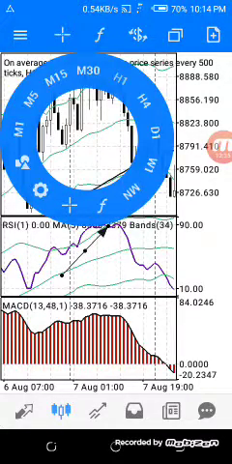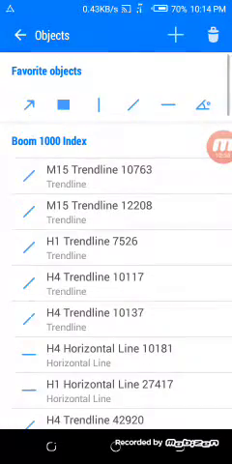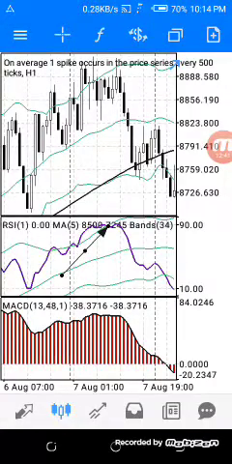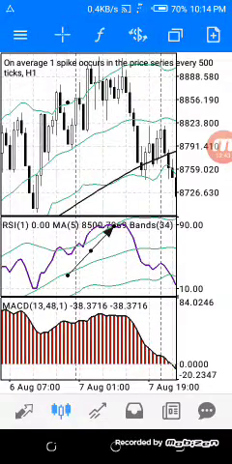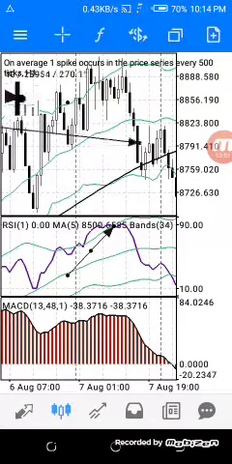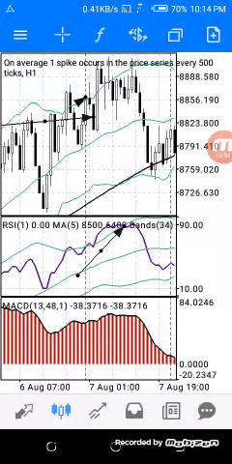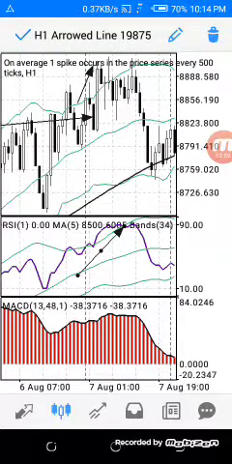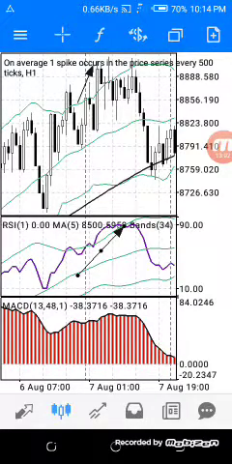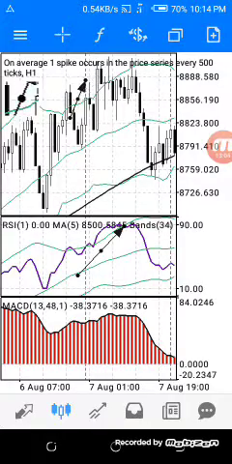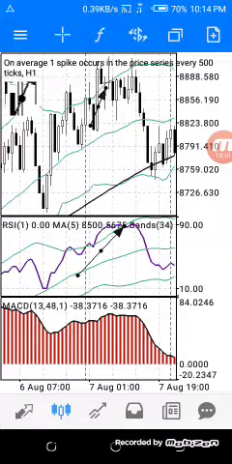And observe here, what do you see? Price came here, okay, let me delete this one. Price came here and broke through this upper Bollinger Band. We have the confirmation of it being a sell.